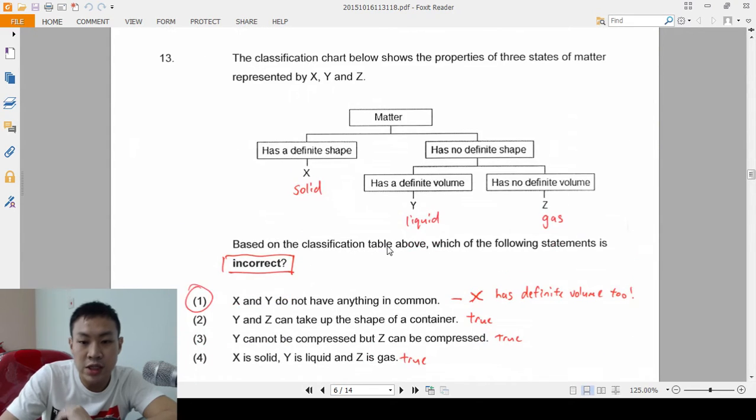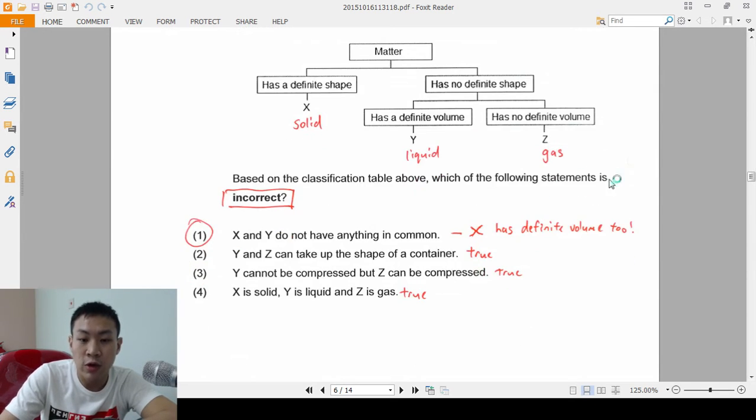Next, question 13. Okay, from this flow chart, I can see that matter that has definite shape is most likely going to be a solid. No definite shape, but has a definite volume, that will be liquid. And then no definite shape, no definite volume, that will be a gas. Which of the following statements is incorrect? Option 1, X and Y do not have anything in common. That's not true. Solid has a definite volume as well.